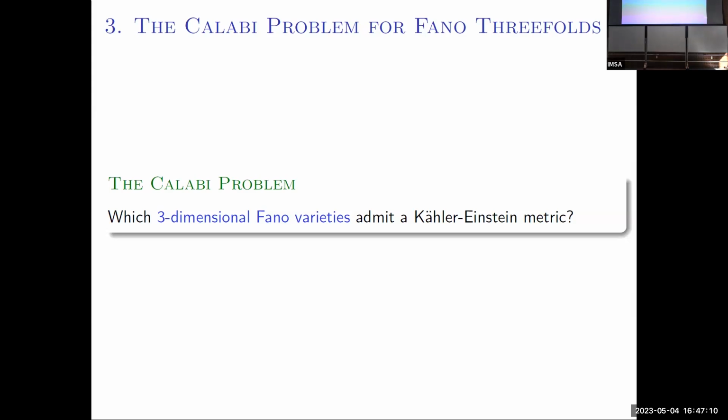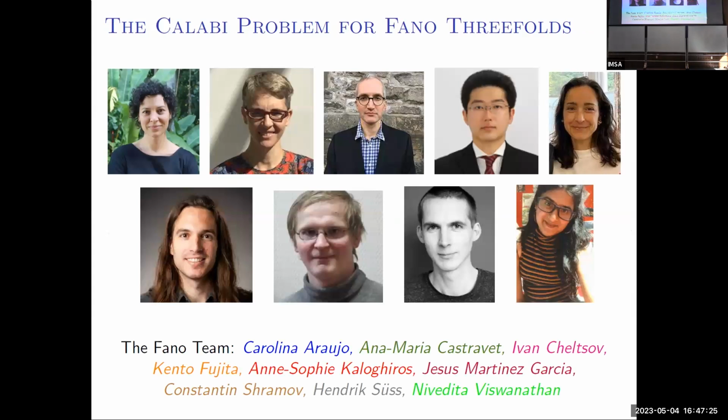context of Fano threefolds. We are interested in using this theory to understand which three-dimensional Fano varieties admit Kähler-Einstein metrics. Again, let me remind you of the Fano team that worked on this: me, Anna Maria Castravet, Ivan Cheltsov, Kento Fujita, Anne-Sophie Kaloghiros, Jesus Martinez Garcia, Constantin Shramov, Hendrik Süß, and Nivedita Viswanathan.